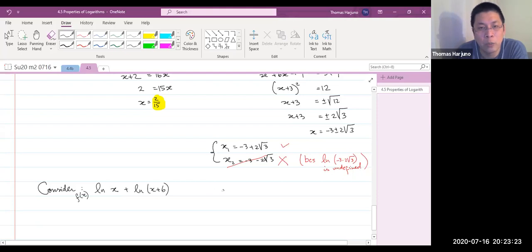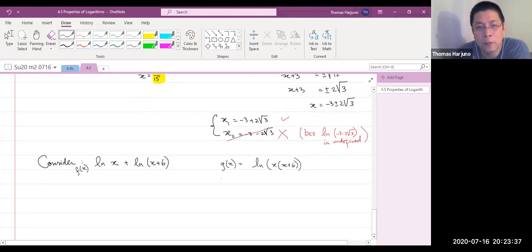And compare that with g(x), which is natural log of x times (x + 6). Now the domain of g(x), when we combine them into a single log, turns out to be larger, because x times (x + 6) needs to be positive.